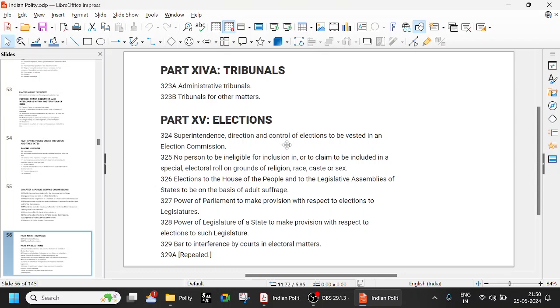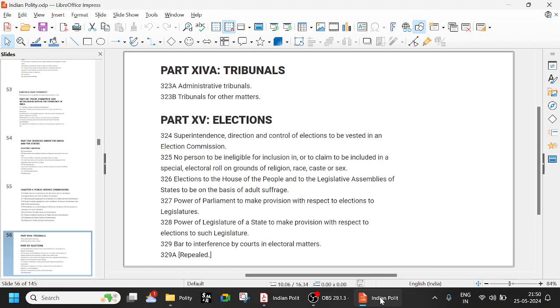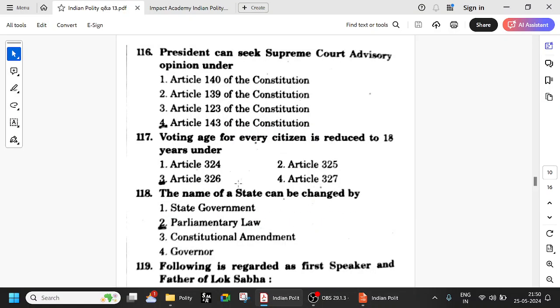So remember, 324 is the Election Commission. 325 is non-discrimination, so everybody is eligible and should not be discriminated against on the basis of religion, race, caste, or sex. 326 is adult suffrage, 18 years. 327 is the power of Parliament to make provision with respect to elections to the legislature. Not very important. But remember 324 is the Election Commission, 326 is suffrage, and 325 is non-discrimination based on race, caste, sex and everything.